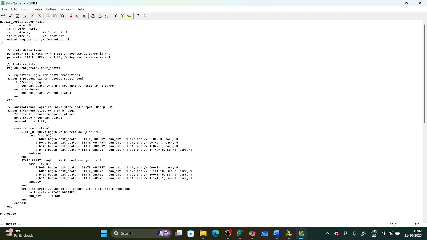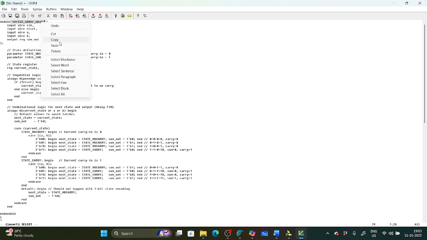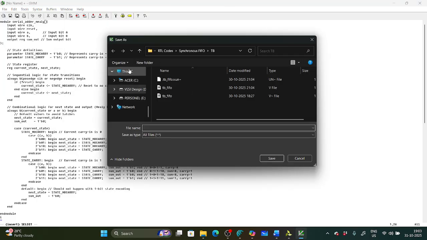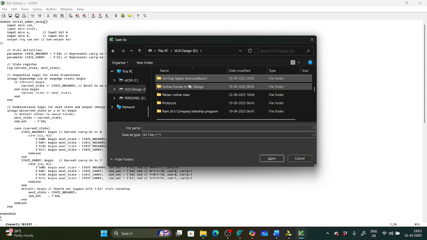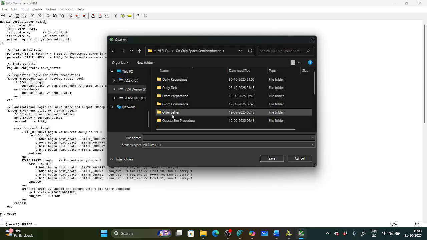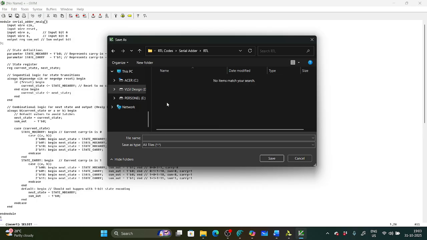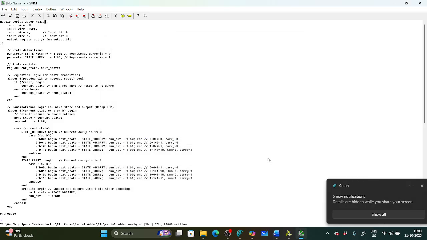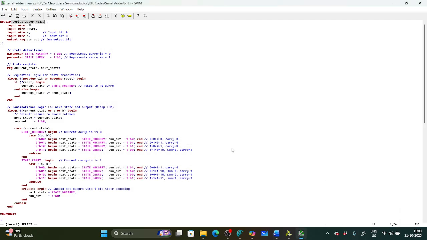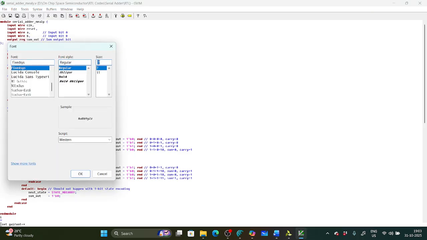Whatever our module name is, that I need to save: serial_adder_Mealy. I save this file in the RTL folder under serial adder with the .v extension. It is saved, and I am increasing the font size.